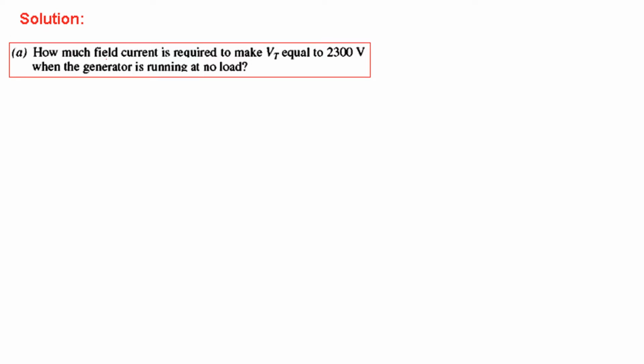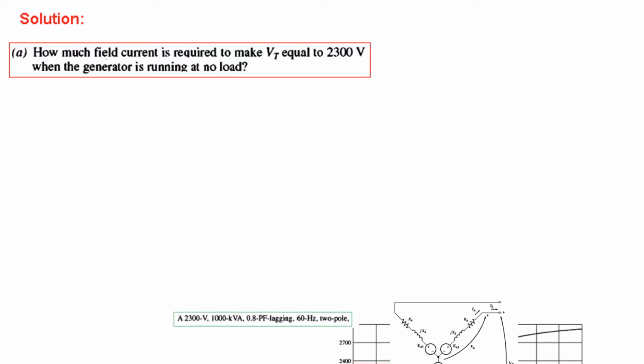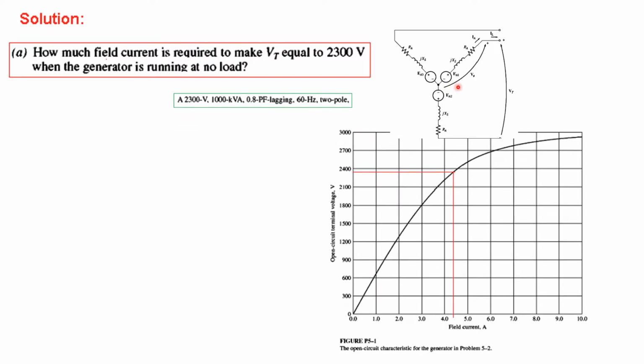Okay, so let's see the first question, part A. How much field current is required to make the terminal voltage Vt equal to 2300 volts when the generator is running at no load? So if you recall, this is the three-phase diagram, and this is the open circuit curve.